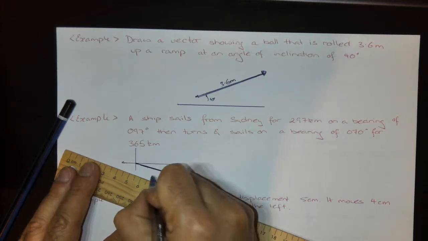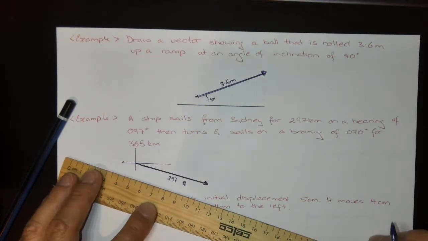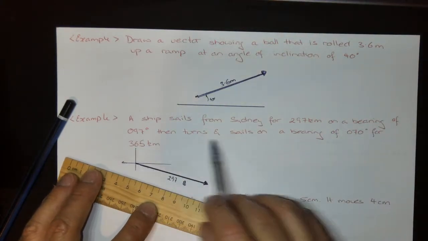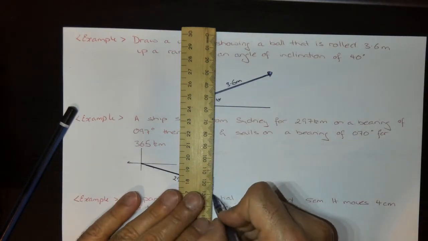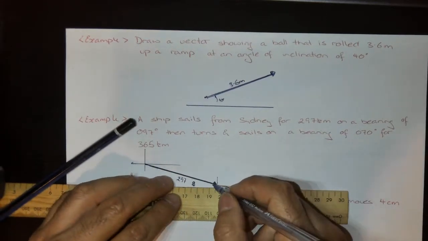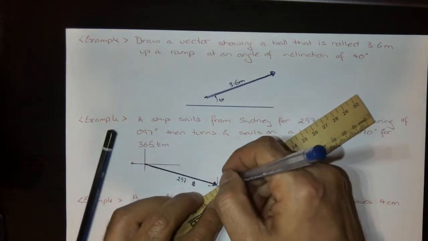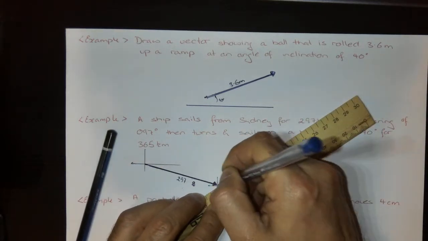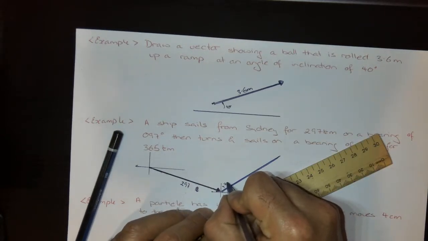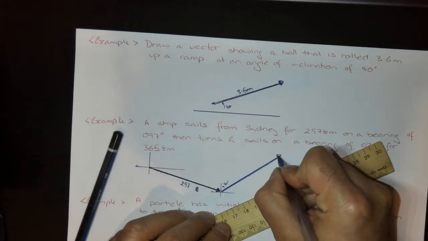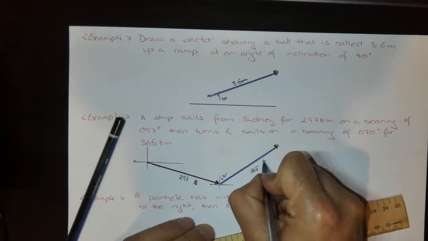I'll call that vector A. It then turns and sails 365 kilometers on a bearing of 70 degrees. So that's around about 70 degrees here. Okay, and that's my vector, that's 365, and I'm going to call that vector B.